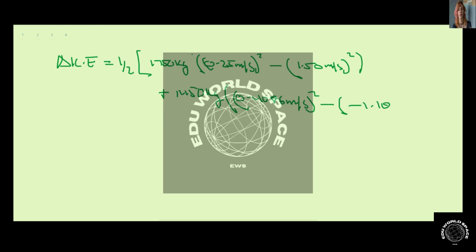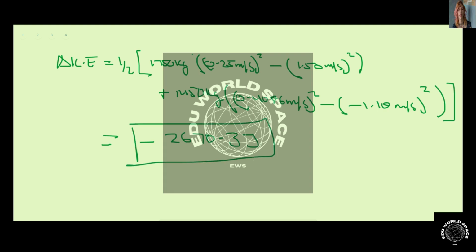Negative 1.10 meters per second, and we also need to square that. When we plug in the numbers, we simplify, and so the final becomes negative 2670, around about 0.3 joules.